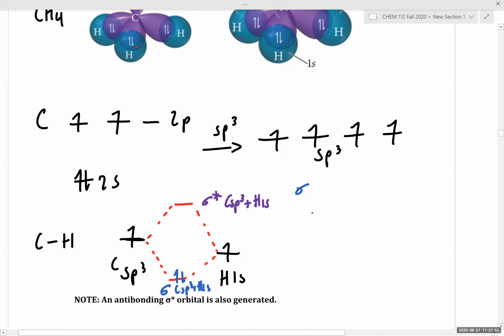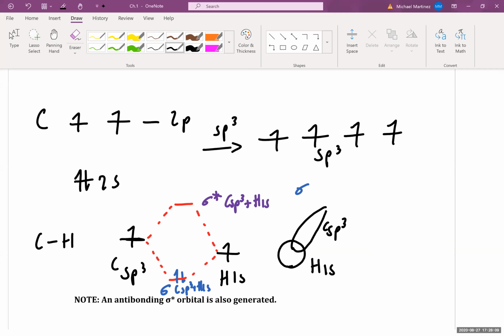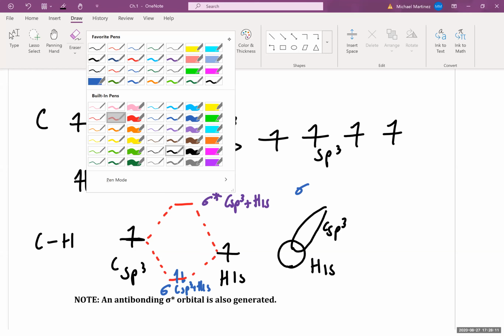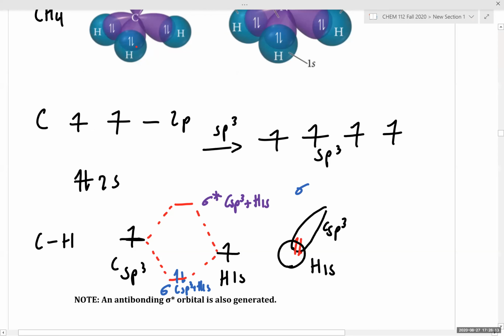We have constructive overlap, so we have our sp3 hybrid orbital overlapping with our hydrogen 1s orbital. And we are sharing 2 electrons as part of this orbital overlap.